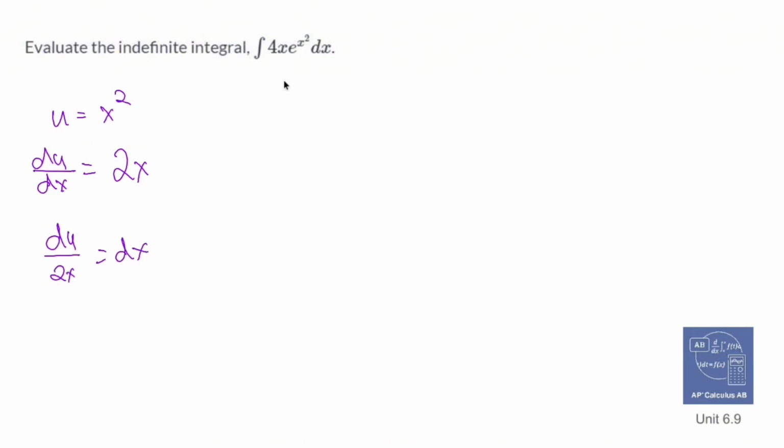All right, let's put some stuff together. We have the integral of 4x e to the, let me see, u now. Instead of dx, I have du over 2x. Well, this is nice. The x's cancel out, which it needs to do. And then 4 over 2 simplifies to a 2, and we'll put the 2 out here.